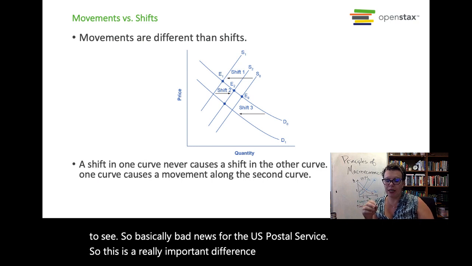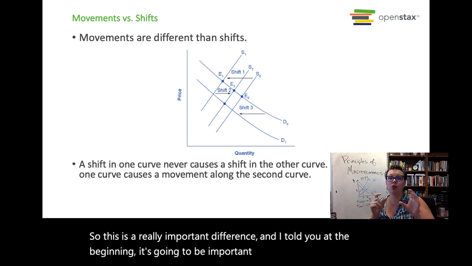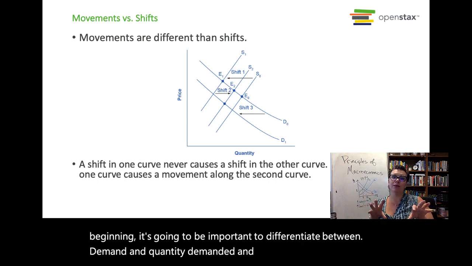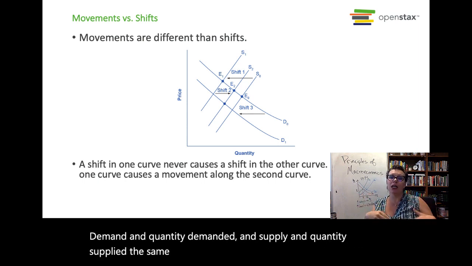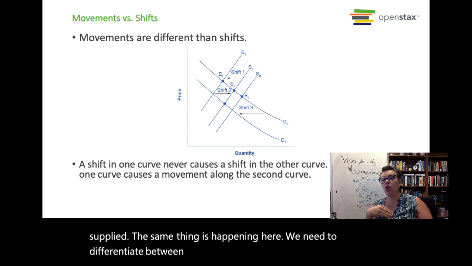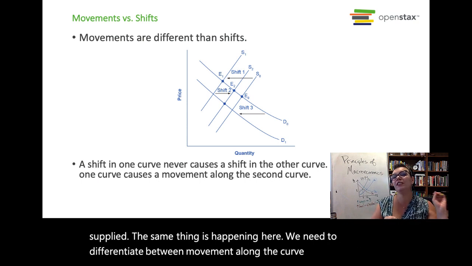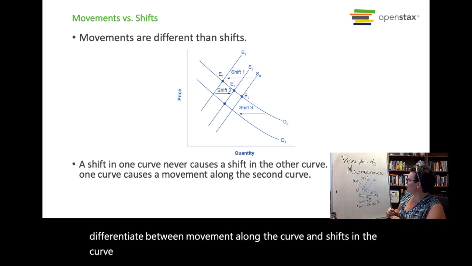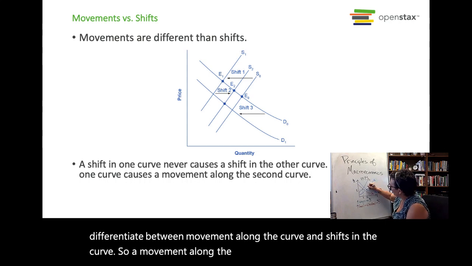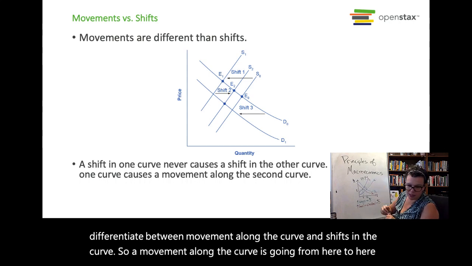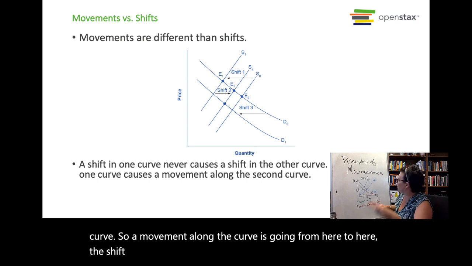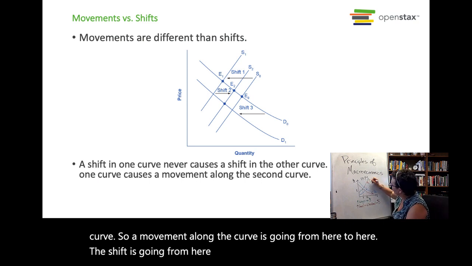So this is a really important difference. And I told you at the beginning, it's going to be important to differentiate between demand and quantity demanded and supply and quantity supplied. The same thing is happening here. We need to differentiate between movement along the curve and shifts in the curve. So a movement along the curve is going from here to here. The shift is going from here to here.